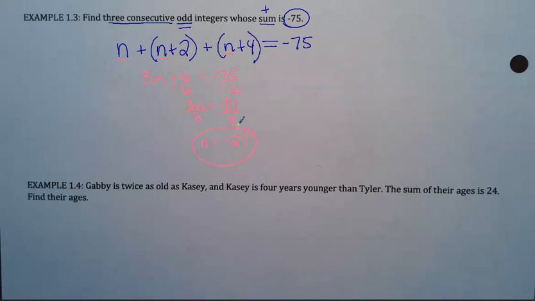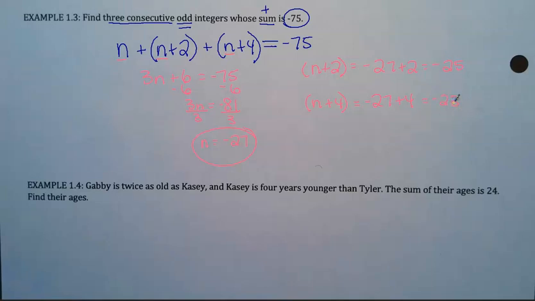Well, now that we know n, we could find n plus 2, right? So n plus 2 is going to equal negative 27 plus 2, which would be negative 25. And our n plus 4 quantity would be negative 27 plus 4, which would be negative 23.